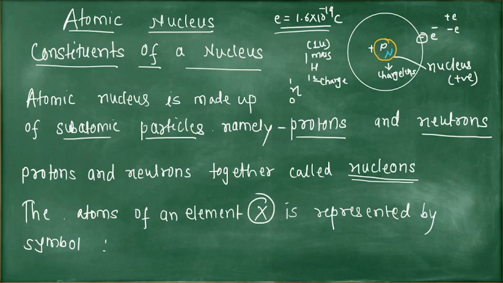If X is the element, you write the symbol X with Z at the lower side and A at the upper side. So any element can be represented in this type of symbol.